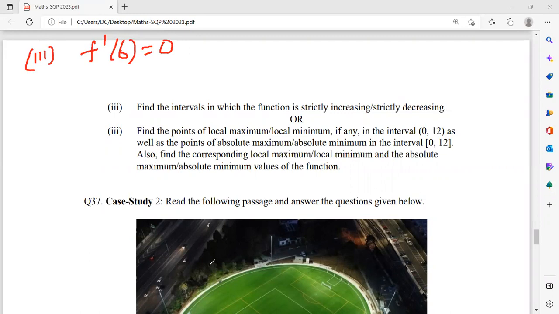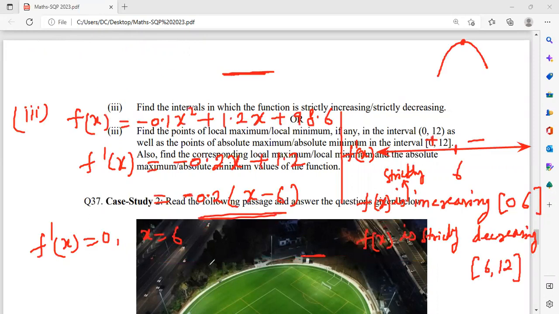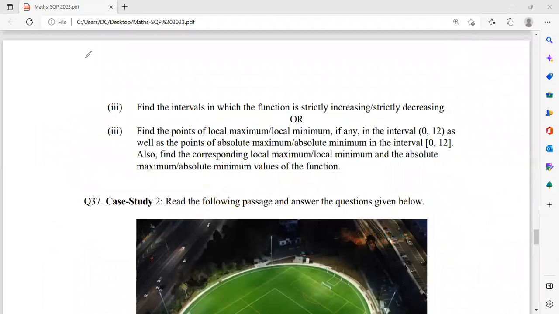And f dash of x, if we see back there, was this thing. We'll find f double dash x. F double dash x is equal to minus 0.2.